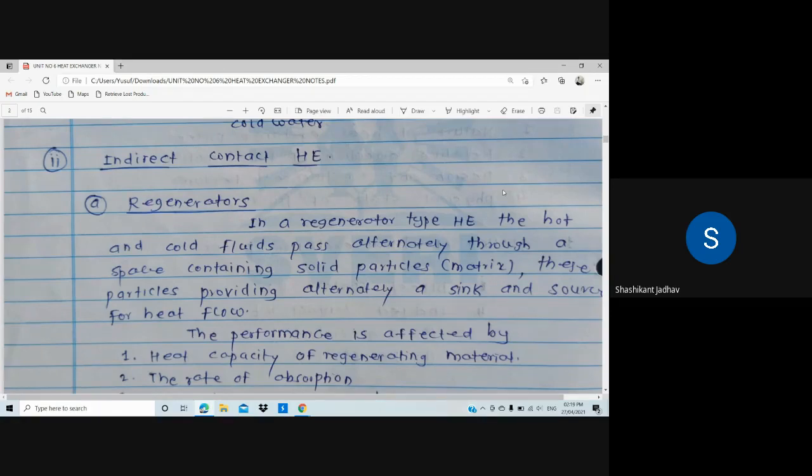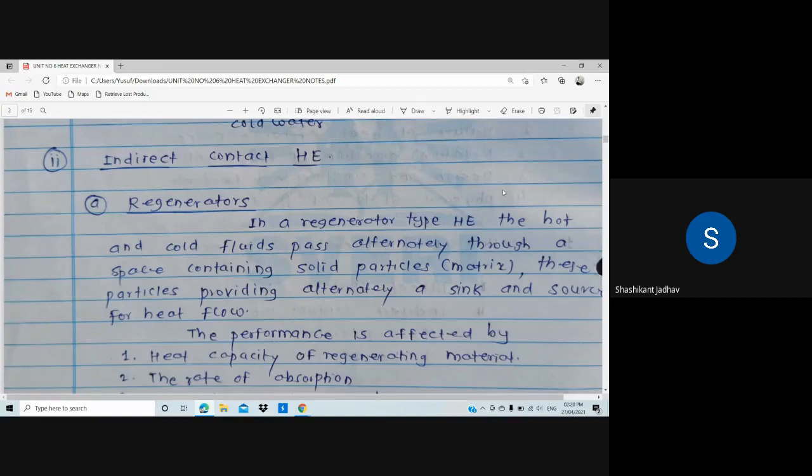In that first type is regenerators. Okay, so all of you write down the regenerator.